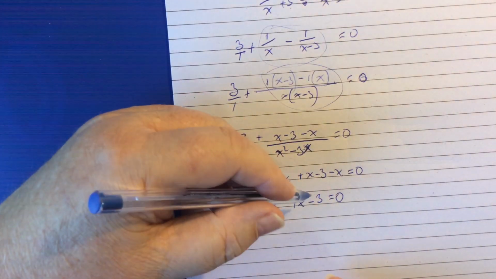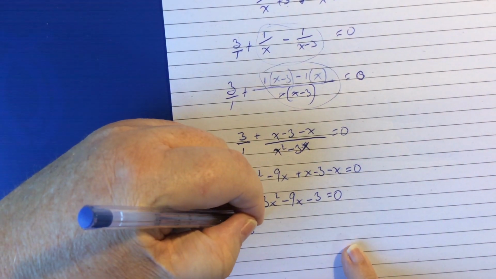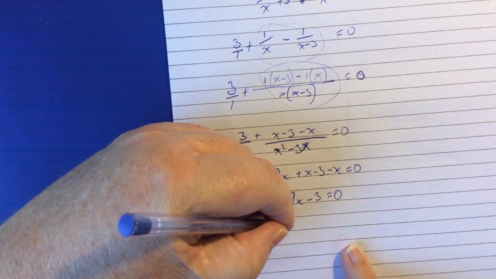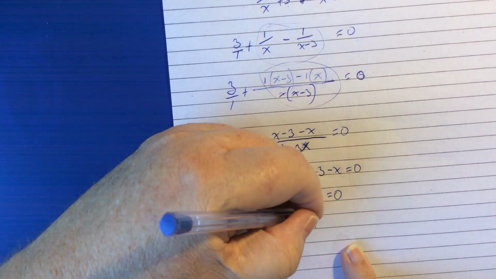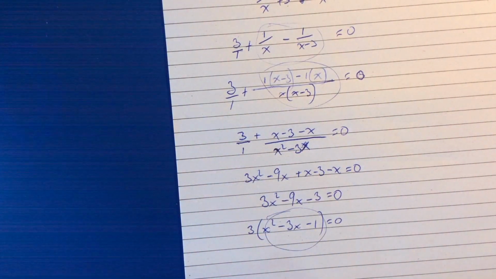So we can do a little bit of tidying up here again. We get x squared minus 3x minus 1 equals 0. And what we're going to do is solve that using the quadratic formula because an answer doesn't leap out at me.